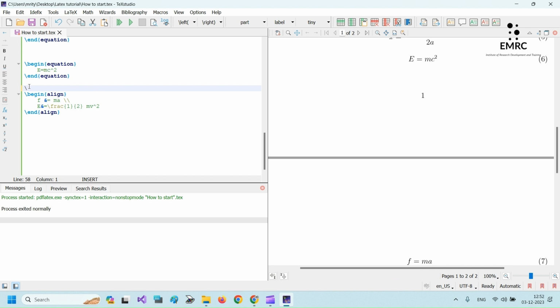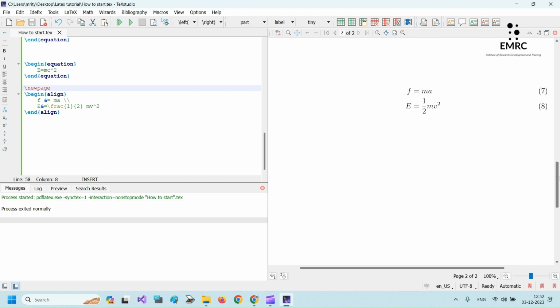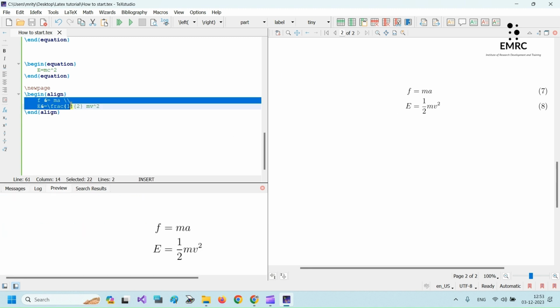You can see two equations like this one, f is equal to ma, e is equal to 1 by 2 mb square. Equation number is 7 and this equation number is 8. Both the equations are written in this align environment and both the equations are numbered automatically.